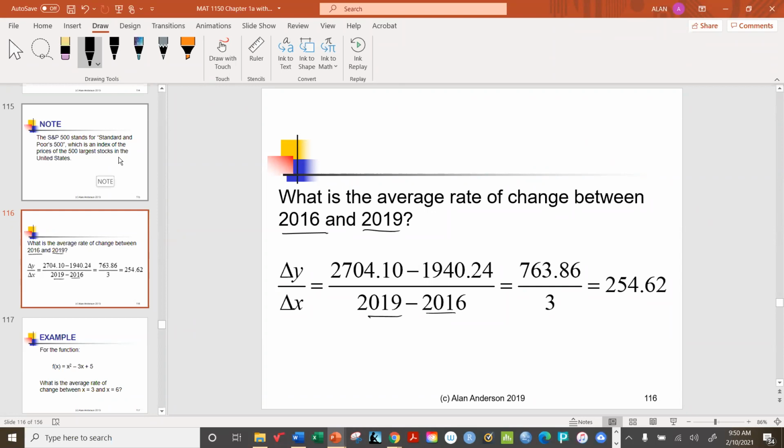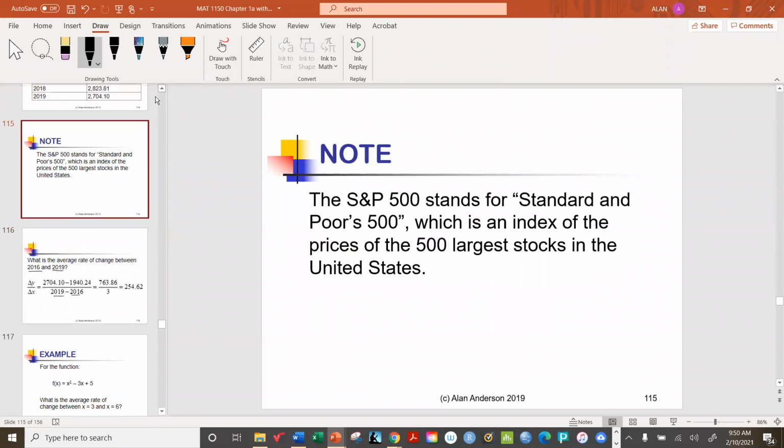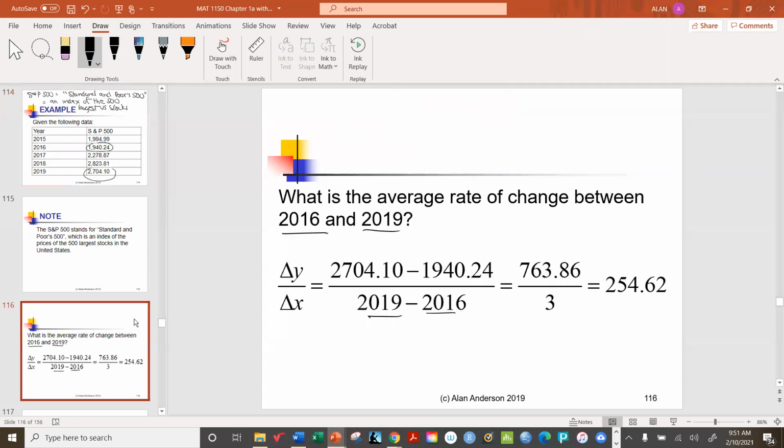But if you look at the chart, the price in 2019 was 2704.10, and the price in 2016 was 1940.24. So in our formula, this right here, exactly, this is the 2019 price. This is the 2016 price.